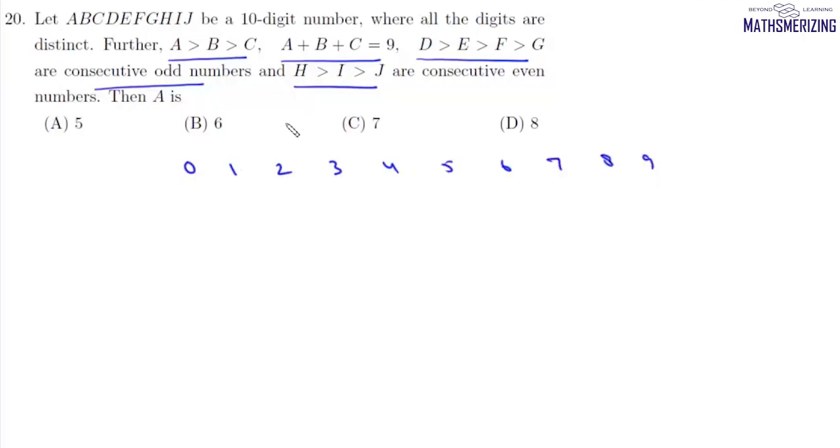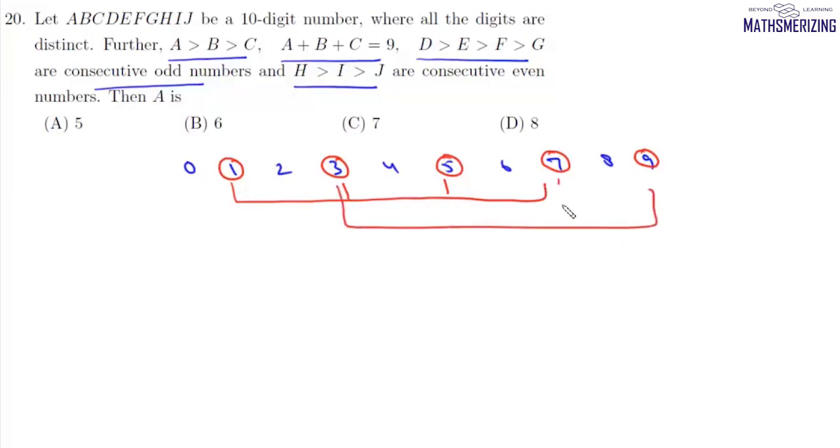Now it says D, E, F, and G are consecutive odd numbers. So here we have odd numbers as 1, 3, 5, 7, and 9. So either D, E, F, G could be 1, 3, 5, 7, or they could be 3, 5, 7, and 9. Now H, I, and J are consecutive even numbers.